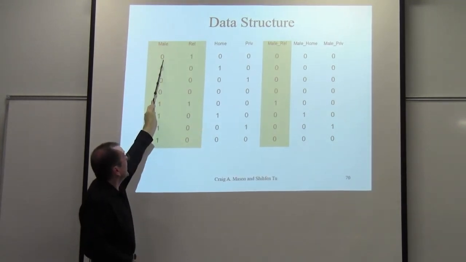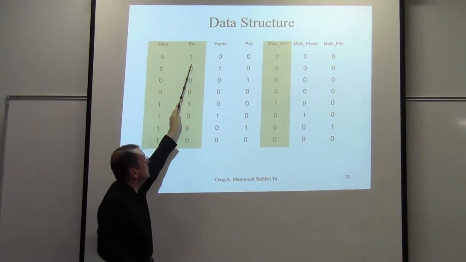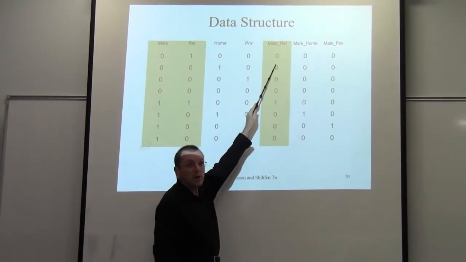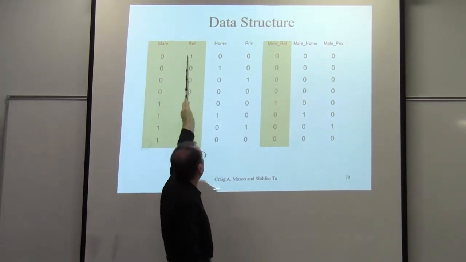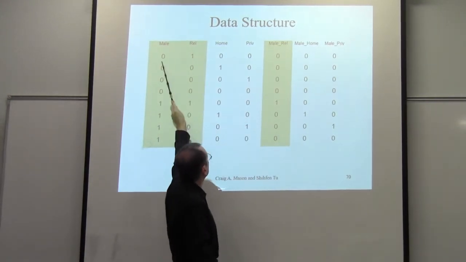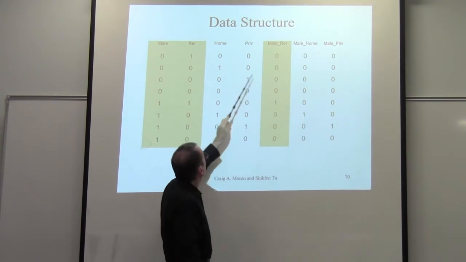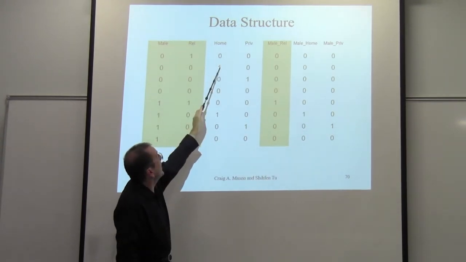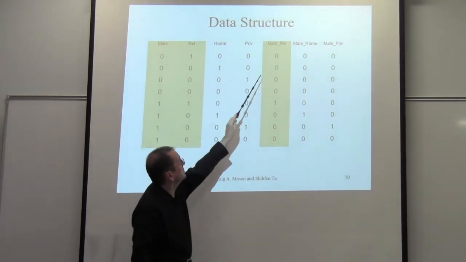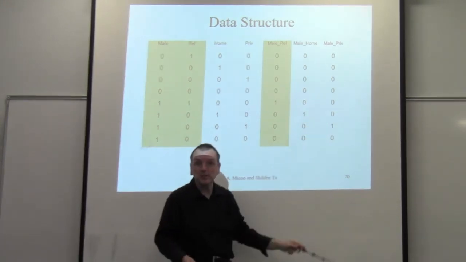So again, if I'm looking at a female who's in religious school, what's the interaction going to be? Well, it's going to be 0 times 1, 0, 0 times 0, 0, 0 times 0, 0. A bunch of zeros. A female in homeschooling, it's 0 times 0, 0 times 0, 0 times 0, all zeros again.